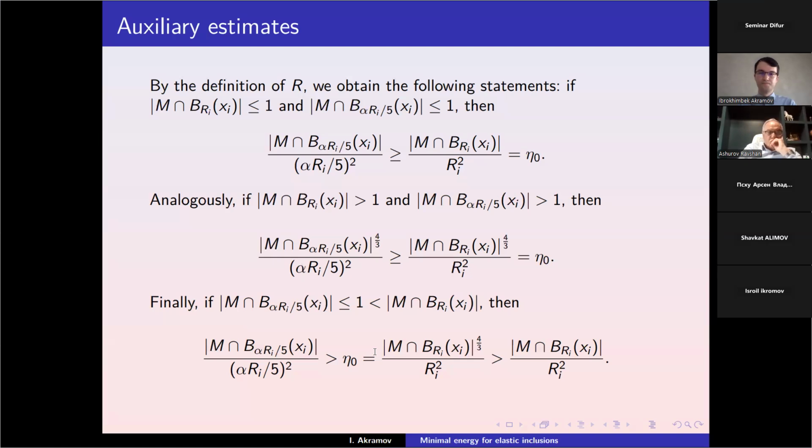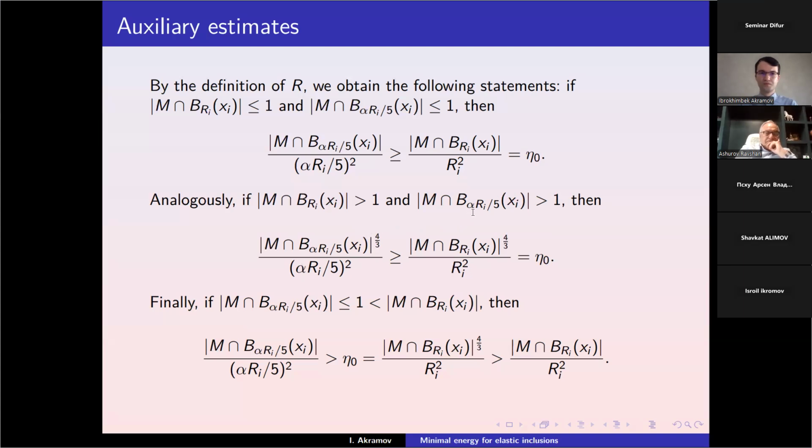I don't understand. M alpha in the power 4 over 3, it's okay, but this is in the power 1 on the left side. It's less than 1, yeah? Less than 1, it's greater than in the power 4 over 3, because it's less than 1.